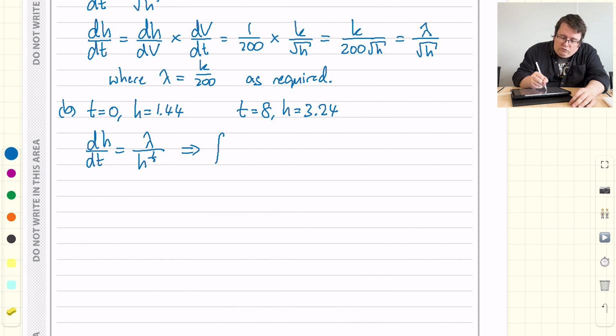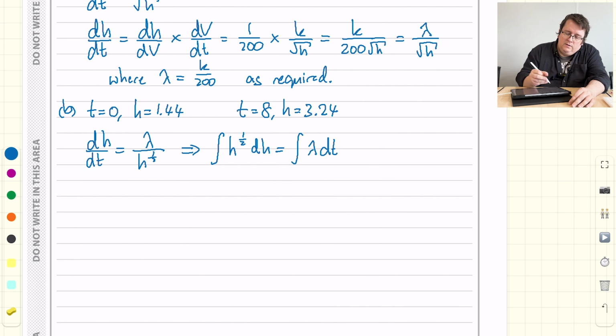So we're going to have the integral of h to the half dh is equal to the integral of lambda dt. Now, h to the half integrates to add 1 to the power divided by the new power.